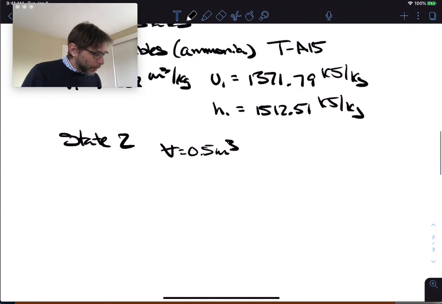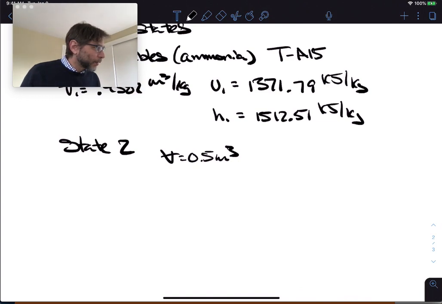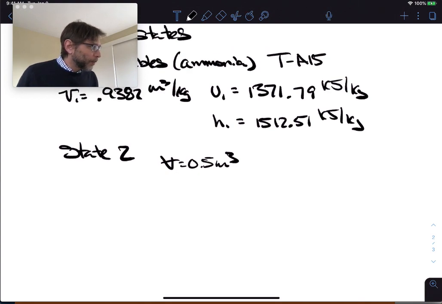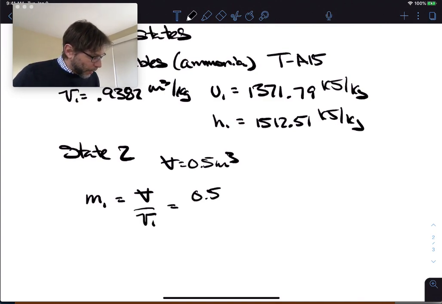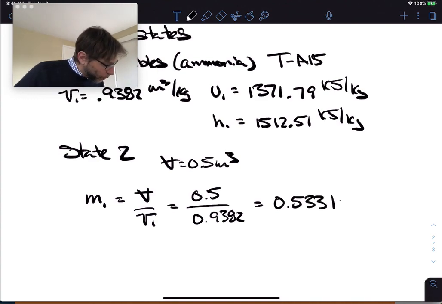We should be able to figure out the mass because we know it in the first state. So m1 is equal to the total volume over the specific volume v1, which is 0.5 divided by 0.9382, and this gives us something like 0.533 kilograms.